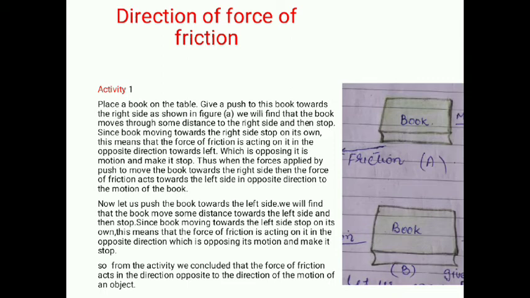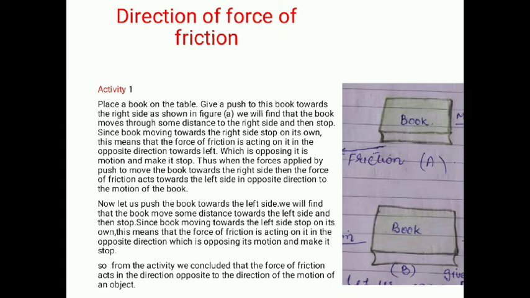This means that the force of friction is acting on it in the opposite direction towards left, which is opposing its motion and thus makes it stop. Thus, when the force is applied by our push to move the book towards the right side, then the force of friction acts on the left side, in the opposite direction to the motion of the book.